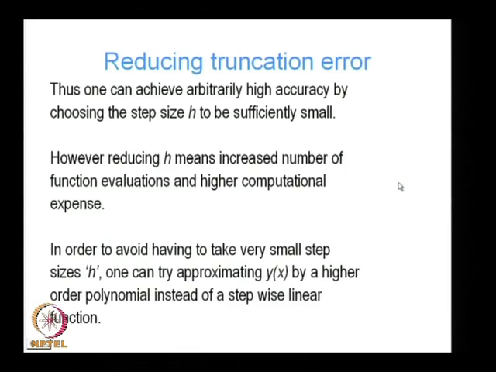So, we reduce the step size from 2h to h and our error goes down by a factor of 4. We can see from this that we can achieve arbitrarily high accuracy by choosing the step size h to be sufficiently small. As we keep on reducing h, our error is going to become smaller and smaller, and the error is going to reduce quadratically with the step size h.